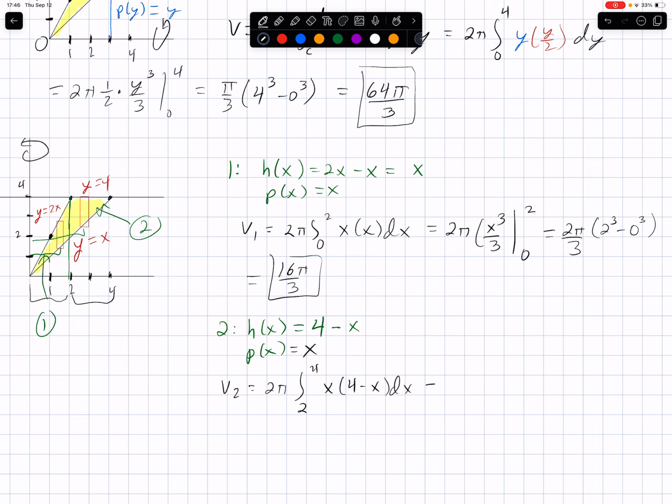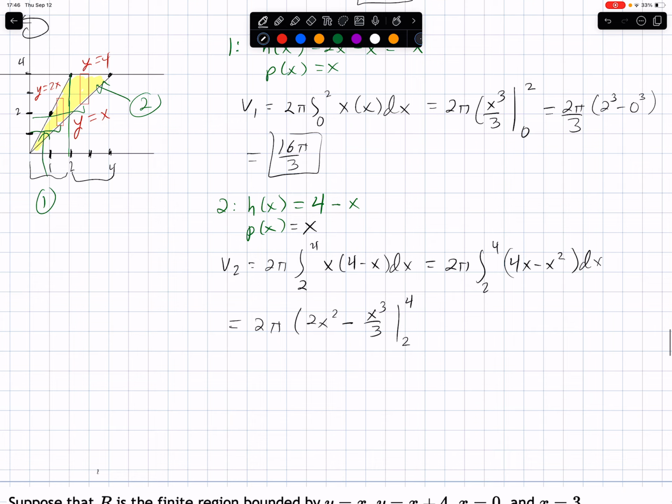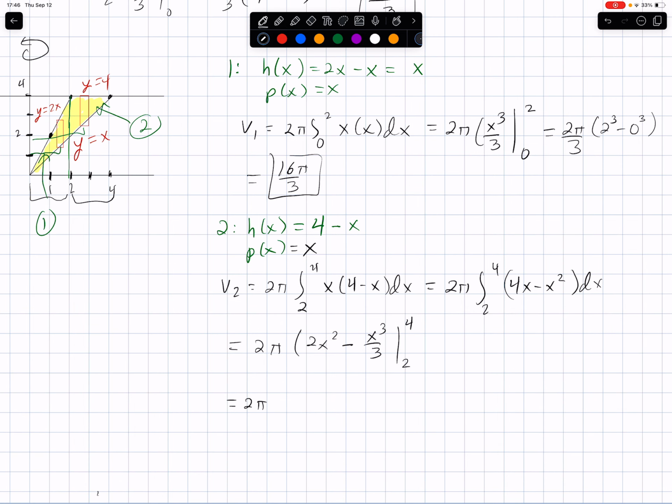So that's going to be 2 pi, integral from 2 to 4, 4x minus x squared dx. So it's going to be 2 pi, and we're going to have 2x squared minus x cubed over 3, evaluated from 2 to 4. So that's going to be 2 pi, and we'll have 2 times 4 squared minus 2 squared, minus 1/3 times 4 cubed minus 2 cubed.